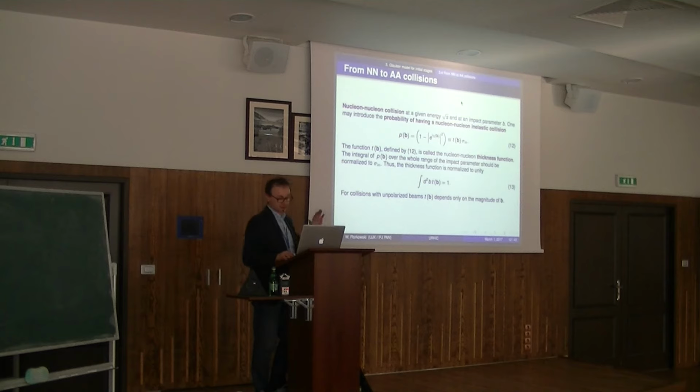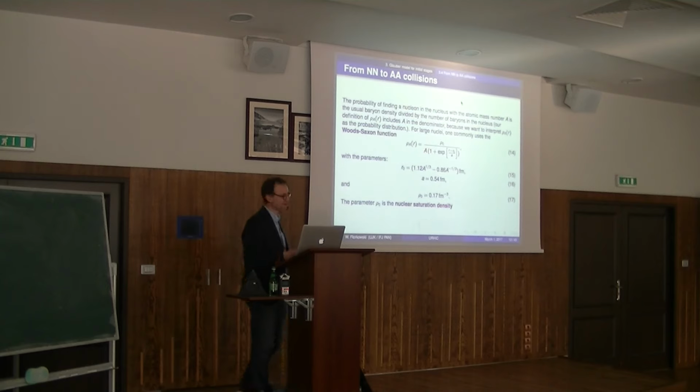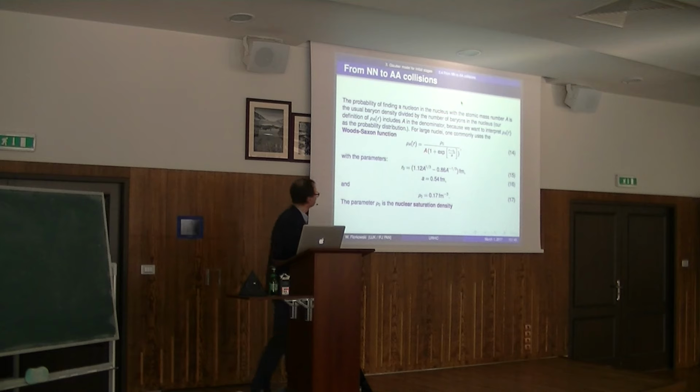And now, having nucleon collisions under control, we go to more complicated collisions. So we want eventually to describe the collisions of two nuclei. And then for large nuclei, the Woods-Saxon distribution is quite standard, so we use this distribution to specify random positions of nucleons in the nuclei.